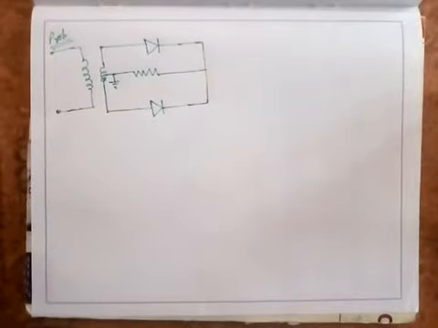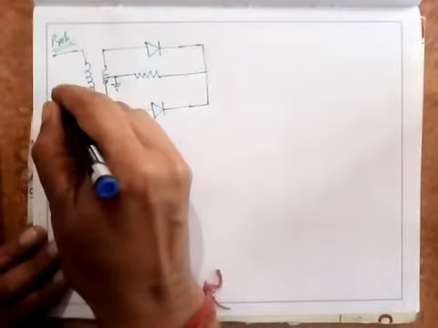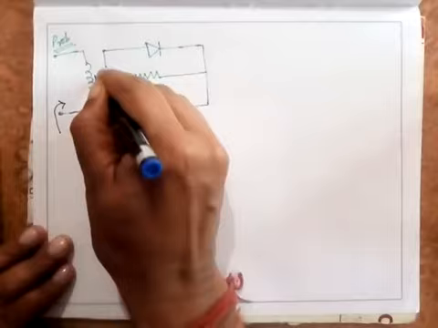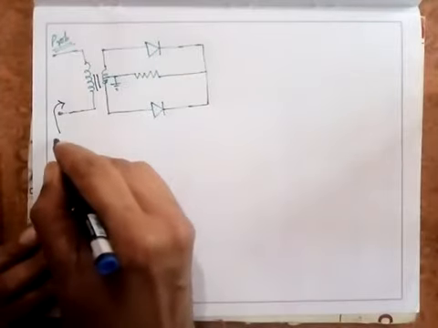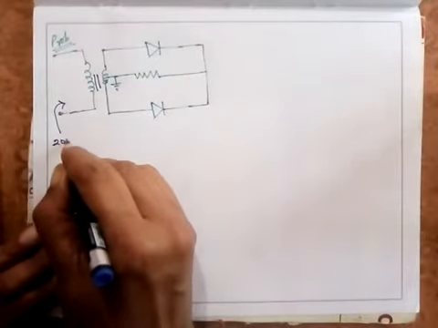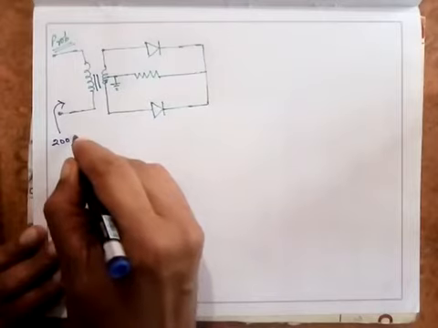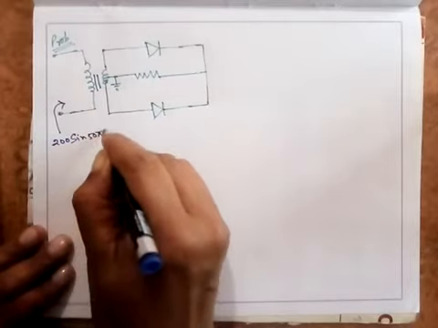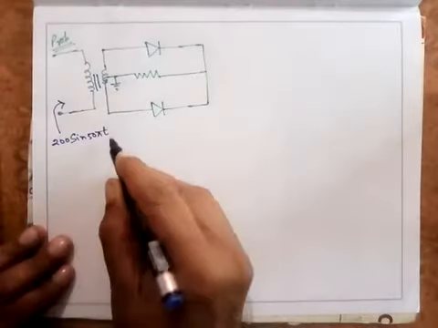Now suppose the input applied at this point is 200 sine 50 pi t, that is, Vm sine omega t.